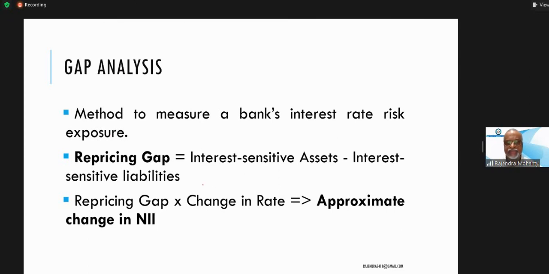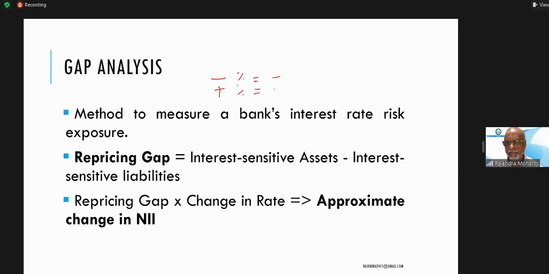Repricing gap into change in the rate, that is the formula I have told you. Repricing gap into the assumed change in the rate of interest or the yield, whatever it is. That is the approximate change in the NII. But the logic has to be applied here. Whether the NII is going to increase or decrease is not given by this. The repricing gap might be minus or plus, and you multiply the rate of interest.